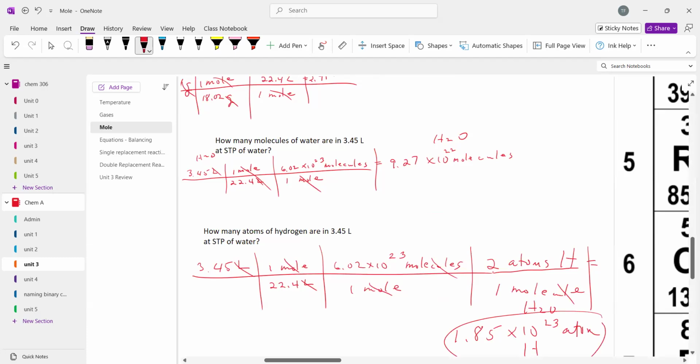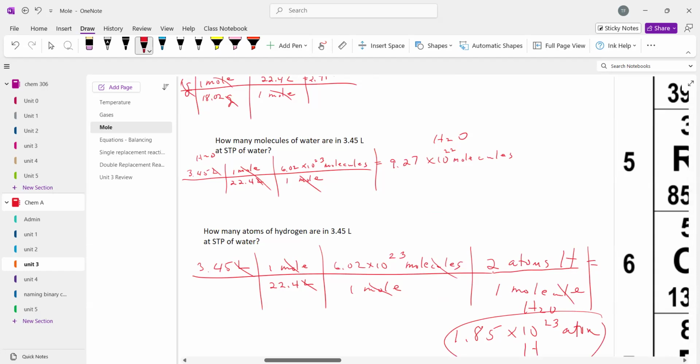Now, what about the 2-to-1 ratio? How many sig figs is that? The 1 or infinite? Can we have in water 2.1 hydrogens?